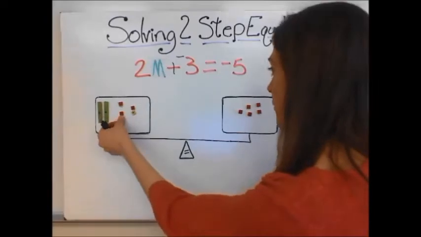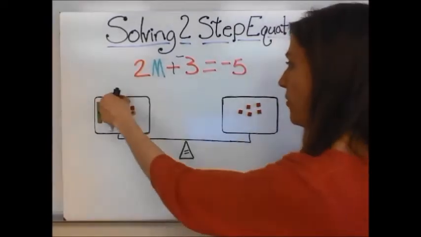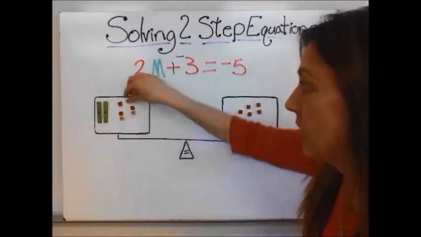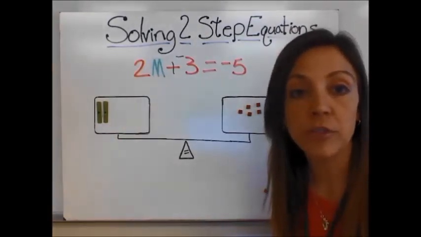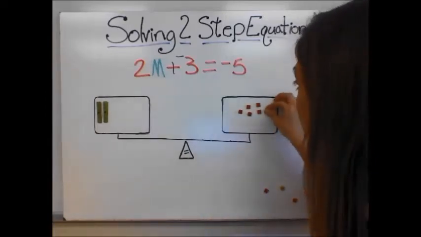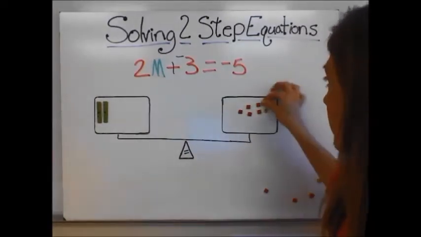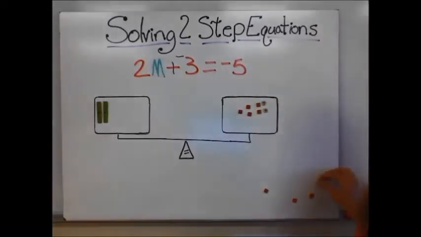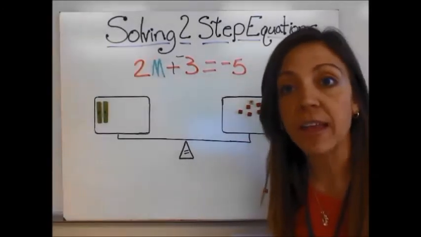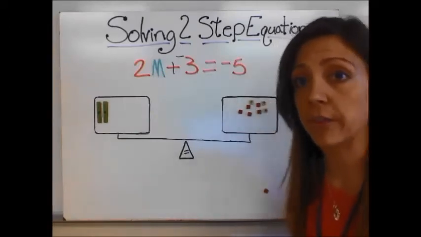1, 2, 3. And 3 positives will cancel out those 3 negatives. So I'm going to take number 2, which is to do unto the other side what I did to this one, okay? So I am going to add 3 to my right side. When I do that, 3 negatives on the right side also are going to cancel out.